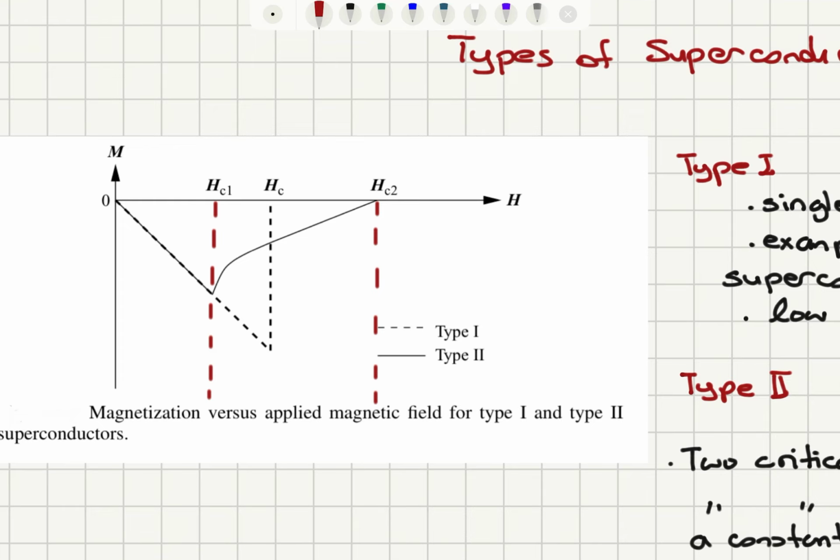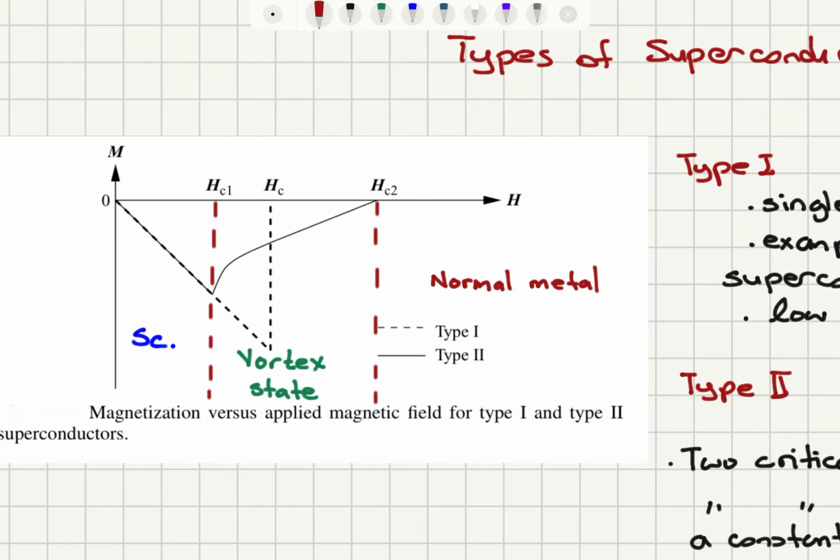So below HC1 we have a fully superconducting state. Between HC1 and HC2 we have a vortex state, which is a mixed superconducting and normal state. And above HC2 we have the normal metal state. Okay, so that's for the type 2 superconductor.